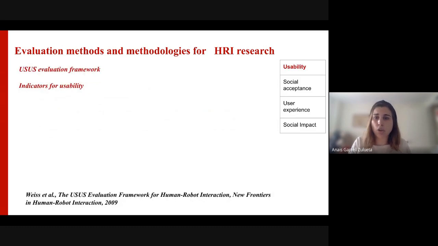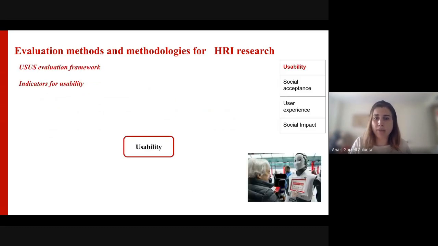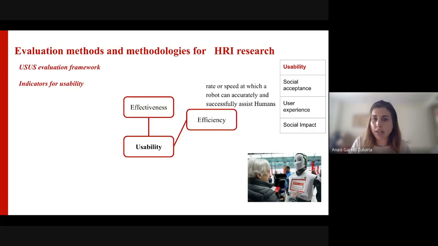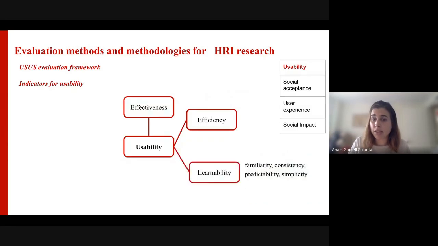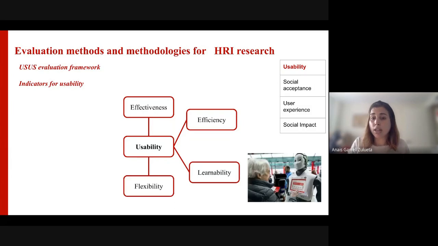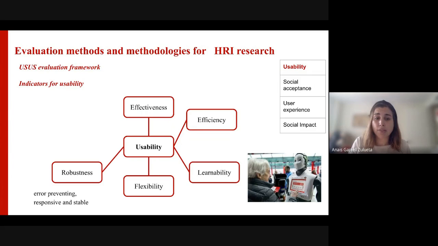So, indicators of usability: we can measure the effectiveness, the efficiency, the learnability, the predictability, and the flexibility of our system, so if we change the environment a little bit, the robot can adapt and perform the task. The robustness, which is error preventing, responsive and stable, and the utility.